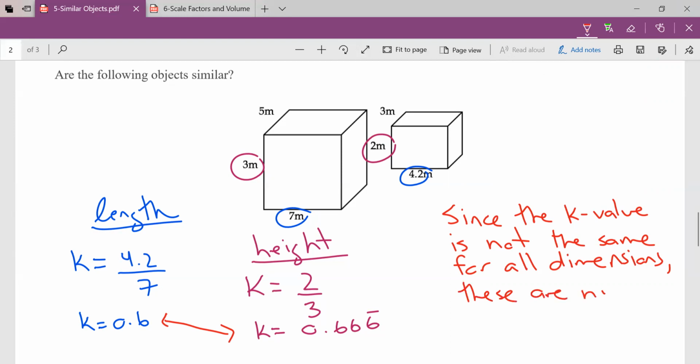I don't feel the need to continue on to find the last measurement for the width. As soon as I see that two scale factors are different, immediately they're not similar. So again, always look at all the different measurements and see what comes up.